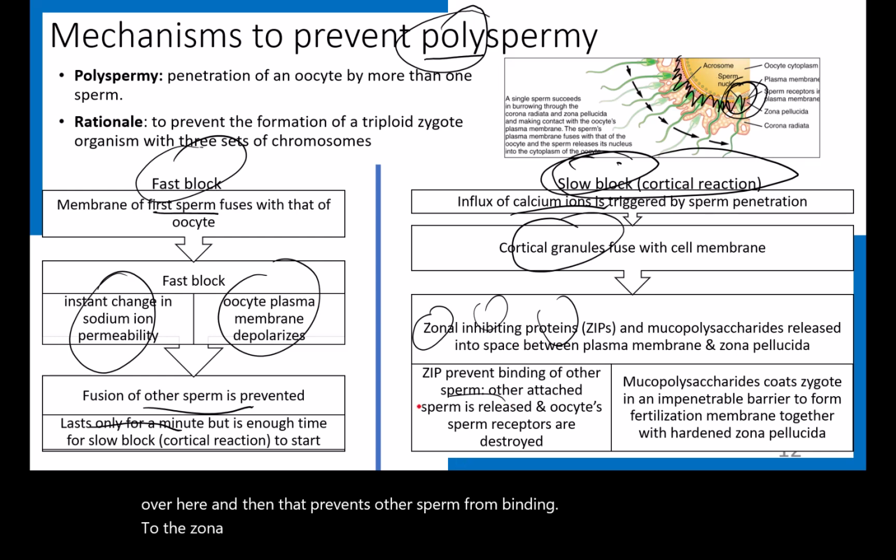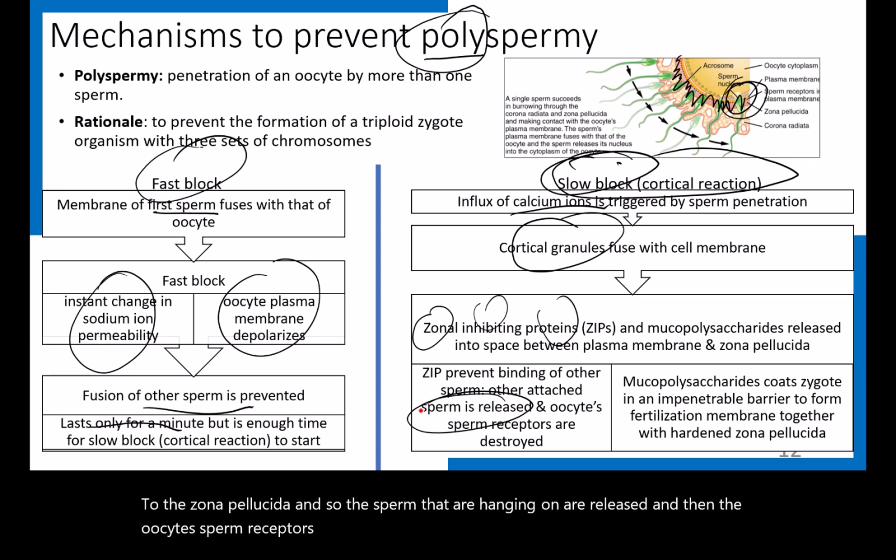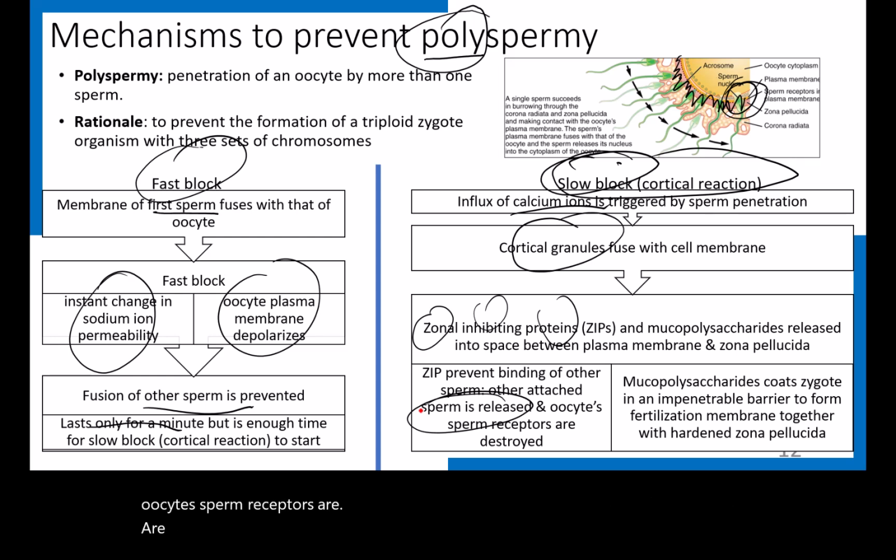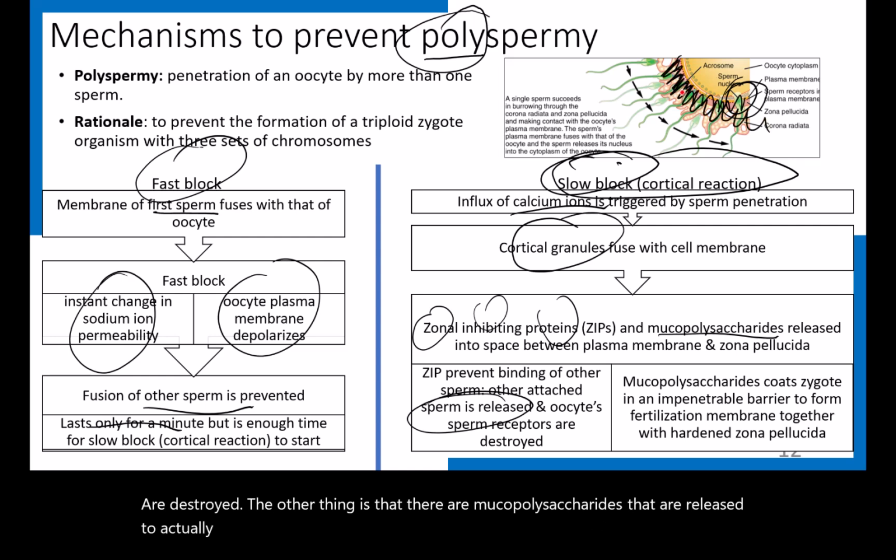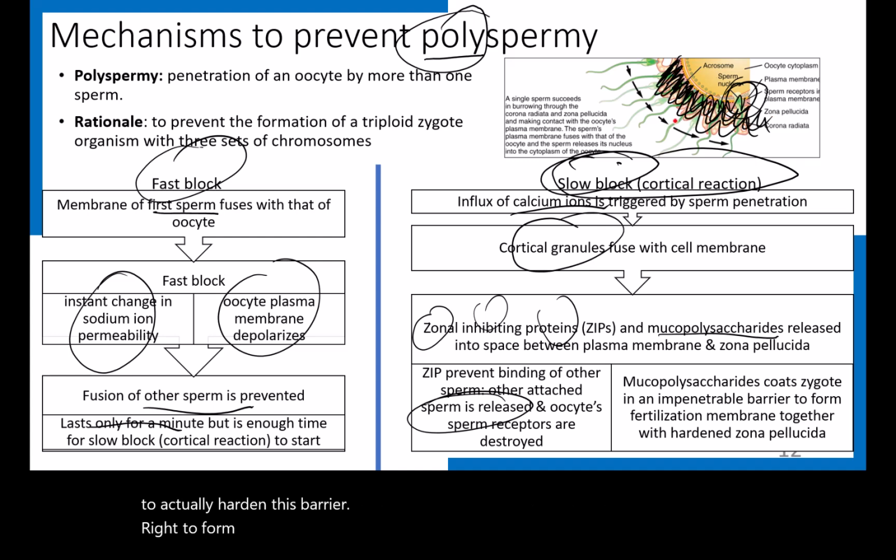The sperm that are hanging on are released, and the oocyte's sperm receptors are destroyed. The other thing is that mucopolysaccharides are released to harden this barrier, right? To form an impenetrable barrier so that you don't have any more sperm entering in.